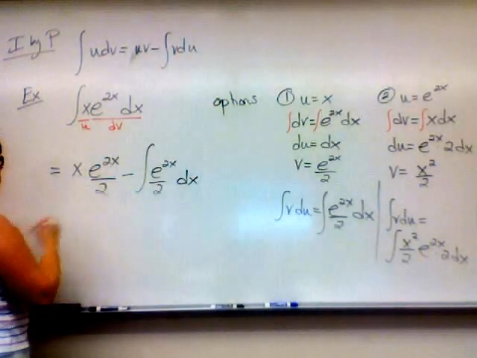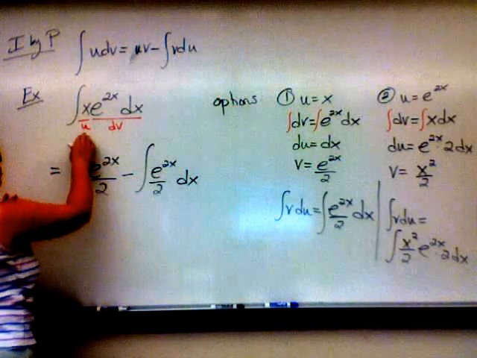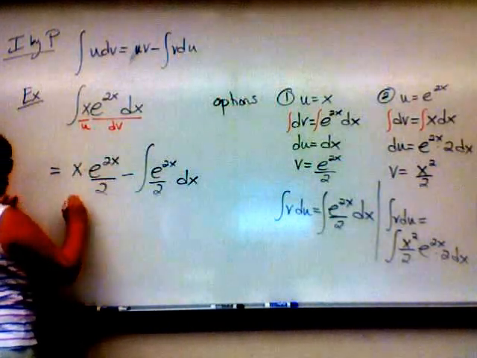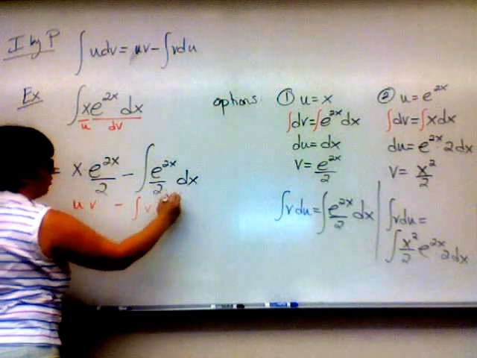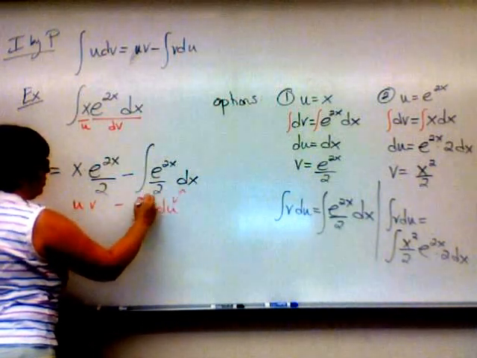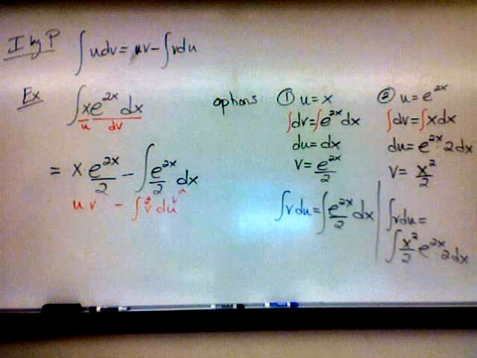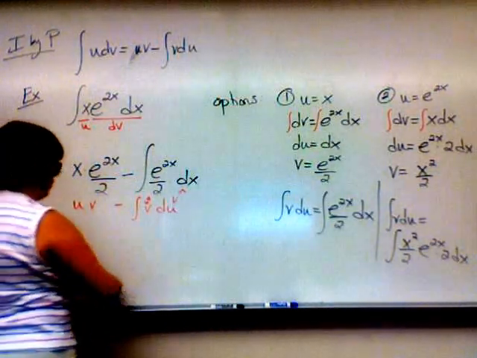Okay, so again, see the form here. This is integral of u dv is uv minus integral v du, right? And that's all the pieces here. Okay. Good?